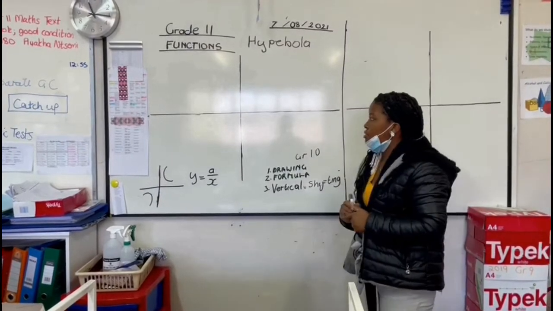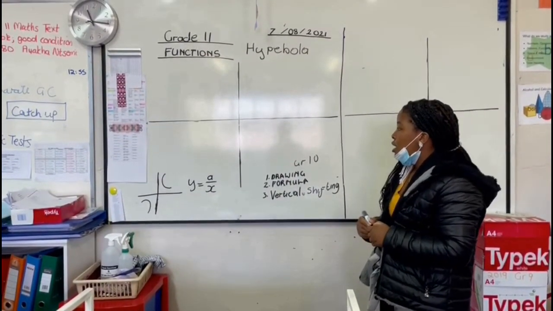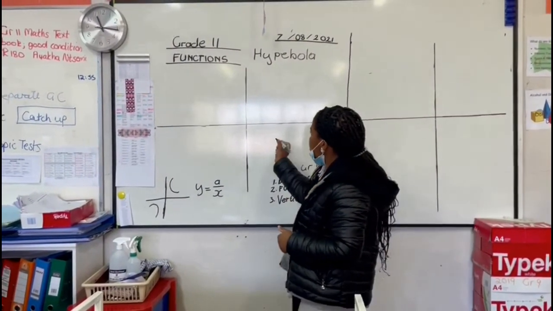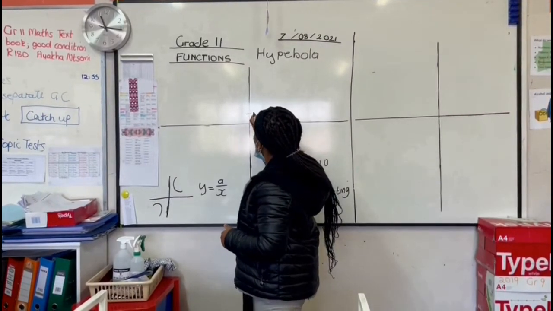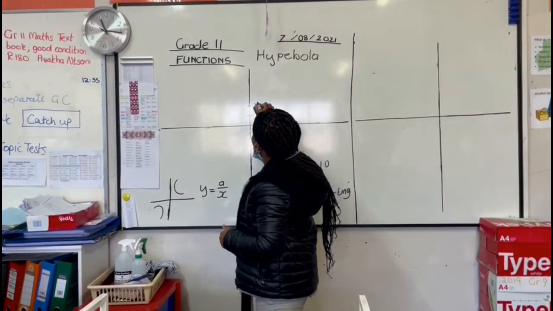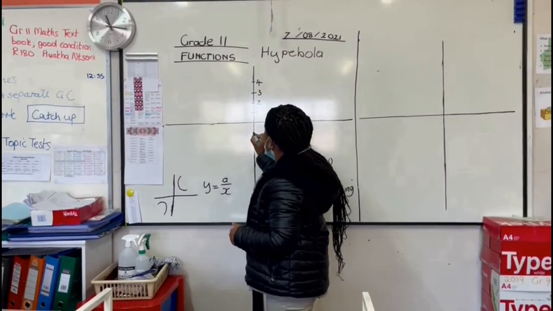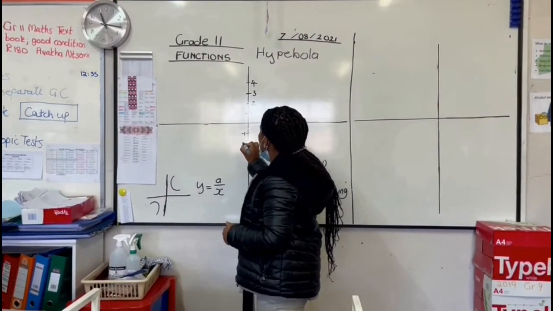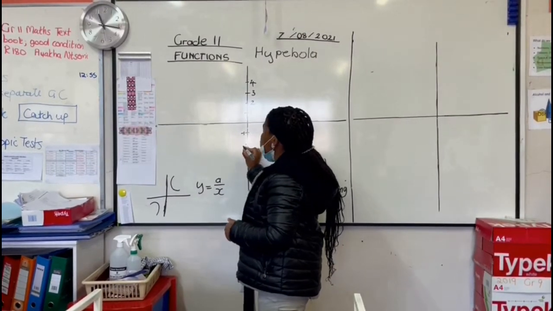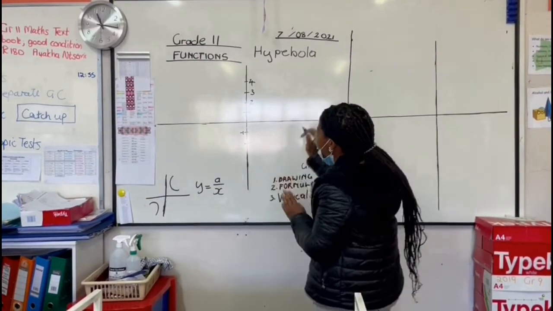That's the mother graph of a hyperbola. So here I'm going to draw a hyperbola that has shifted vertically.